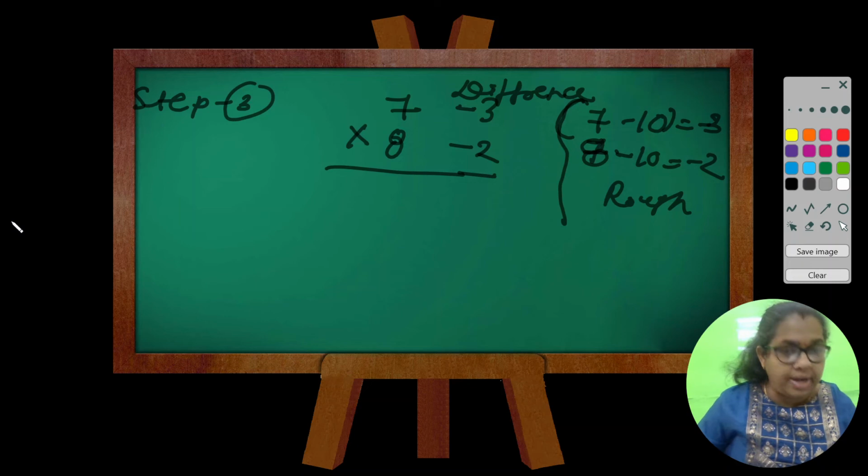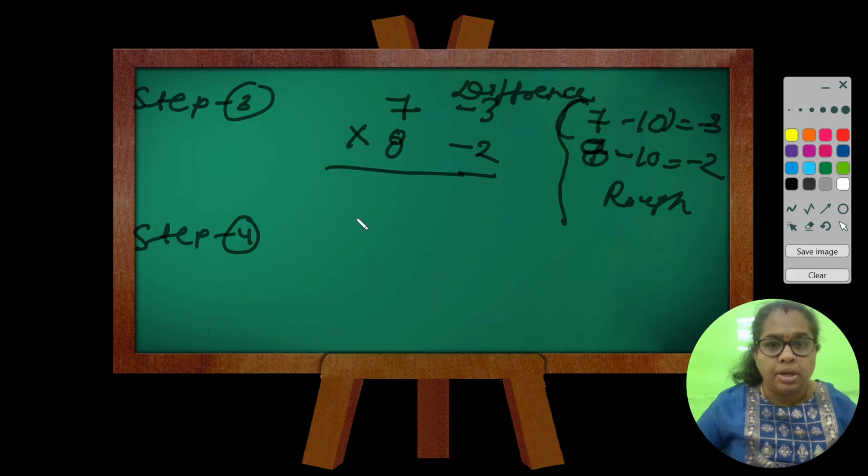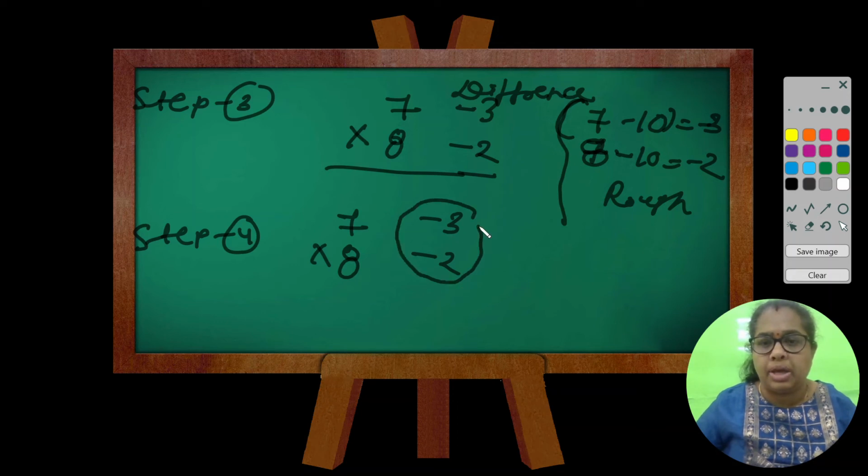Now we are going to write step number 4. In step number 4, the numbers we got after subtraction, we are going to multiply.